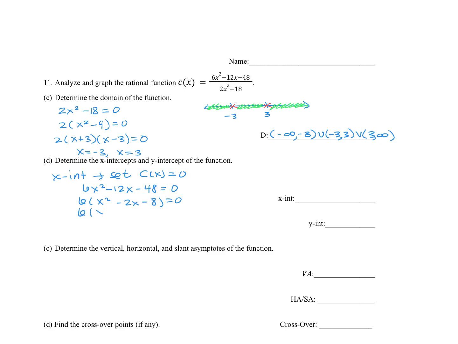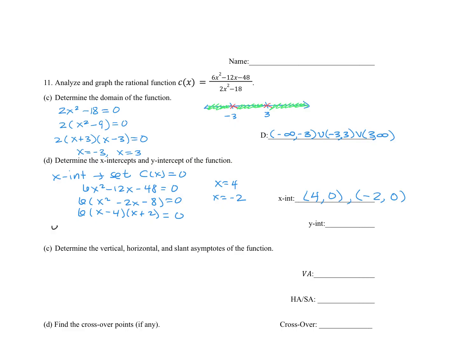And I can factor that as x minus 4 and x plus 2 equals 0. So I'm going to get a value of, let's see here, x equals 4 and x equals negative 2. I'm out of room. So my x-intercepts are 4, 0 and negative 2, 0.